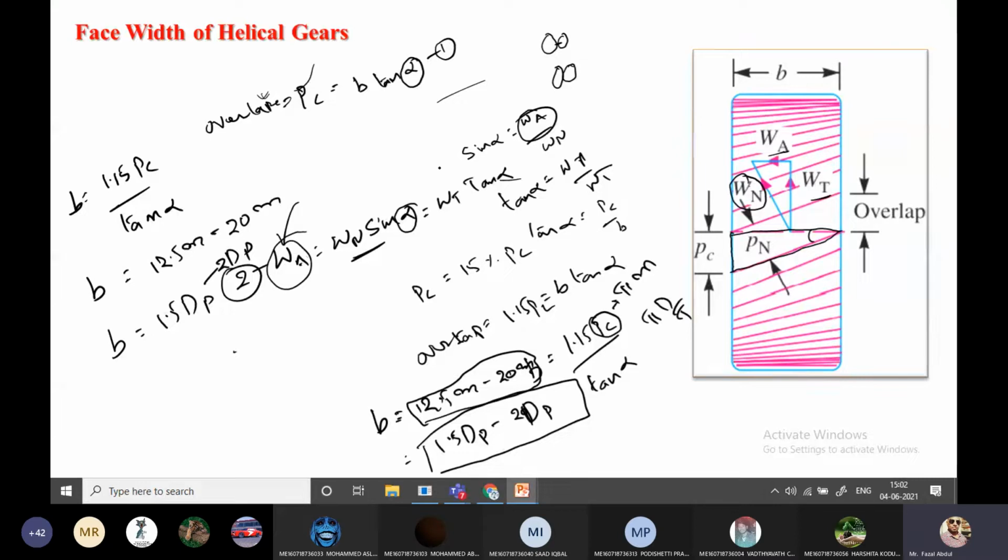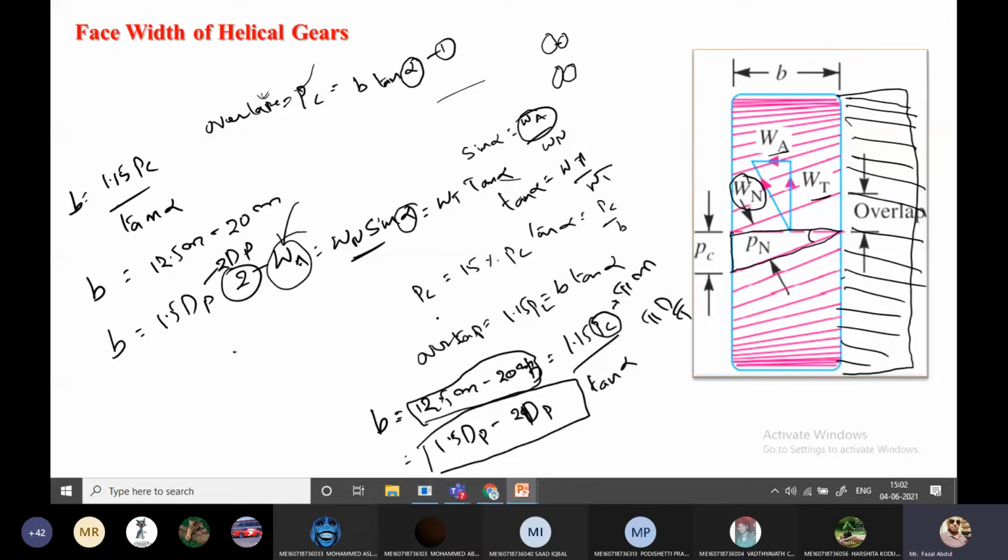If it is a double helical gear, it is nothing but one more gear assembled here. These two are considered as one unit, and the teeth are made in this manner. So why is the double helical gear manufactured? Because, as I said just now, if alpha increases, the axial thrust increases. To overcome failure, the standard proportion given is 15% greater than the circular pitch.